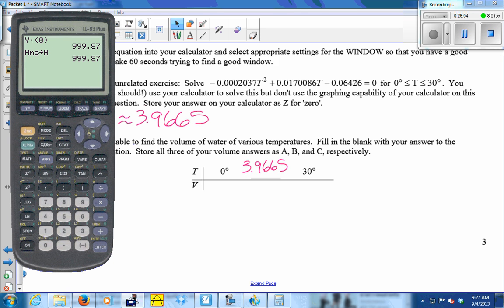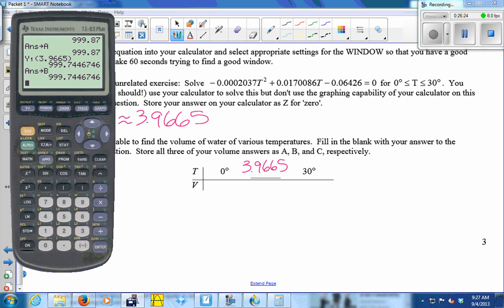And then I'm going to do this again, except this time I'm going to plug in 3.9665. And I get 999.7446. I'm going to store this as B. And I should write these down. I've got 999.87 and 999.745 approximately.